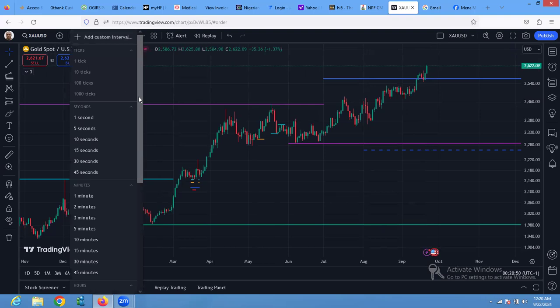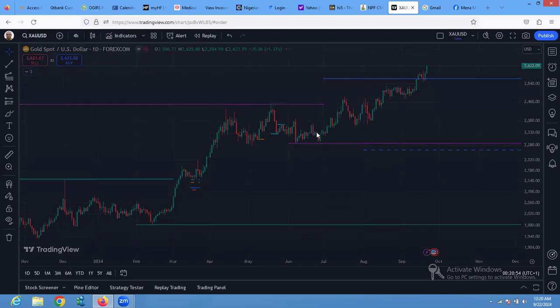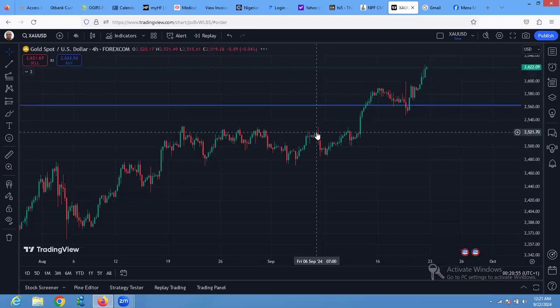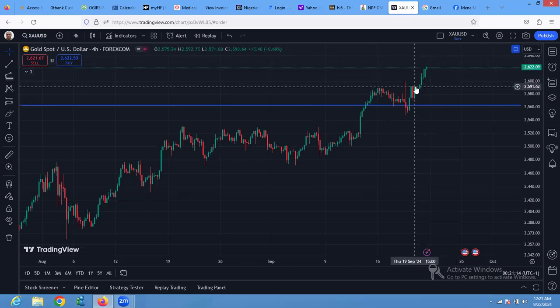On the 4-hour time frame, what can we see? This is still going up. You can see this is still going up, and it might just continue to go up.